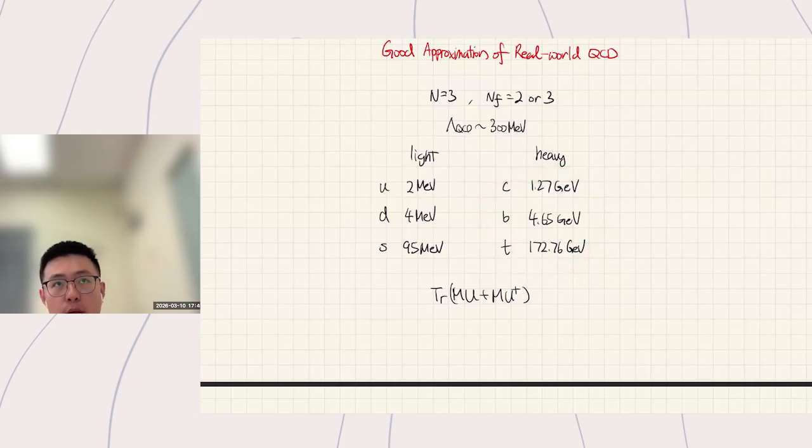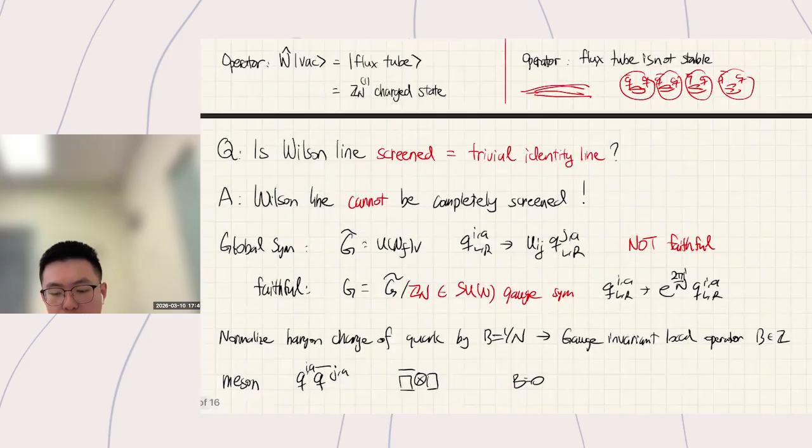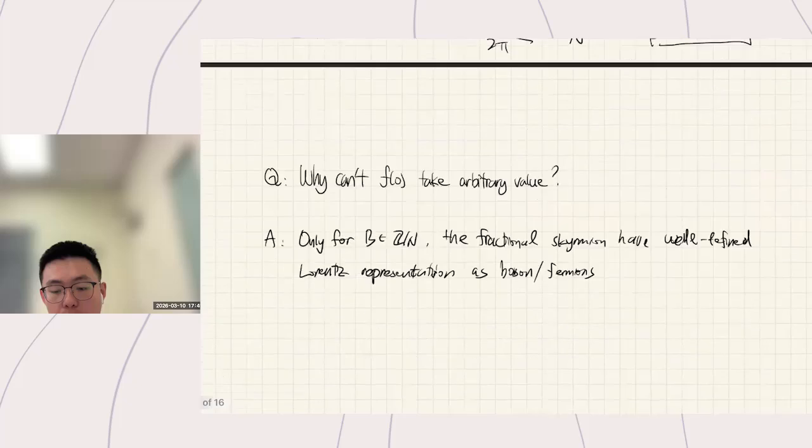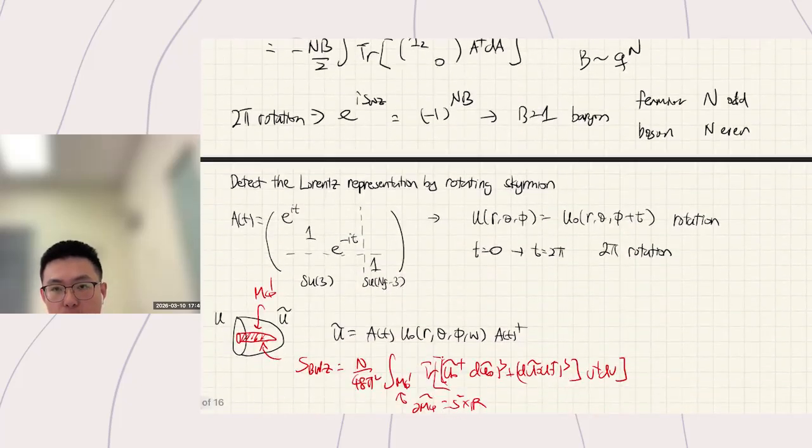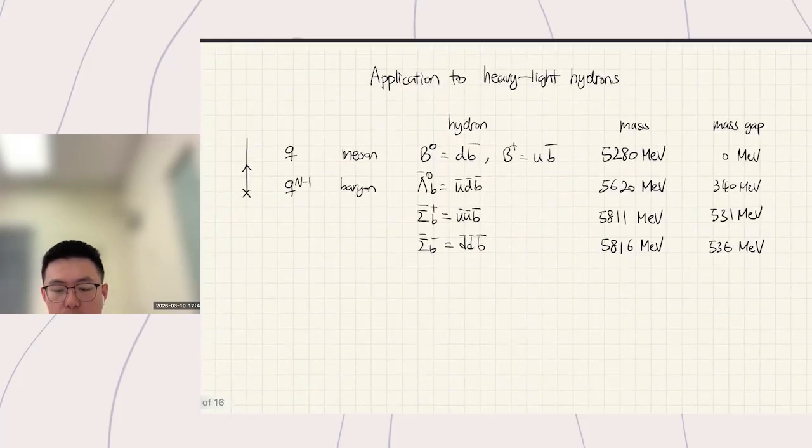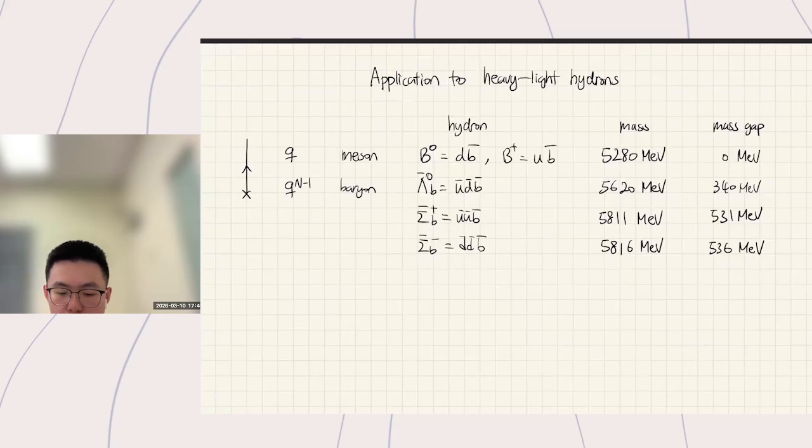Then you can compute the mass splitting between heavy-light mesons of different types of heavy quarks. For example, you can compute the mass difference between a B meson and a charm meson. That's my understanding, but I could be wrong. I'm still learning heavy quark effective field theory.